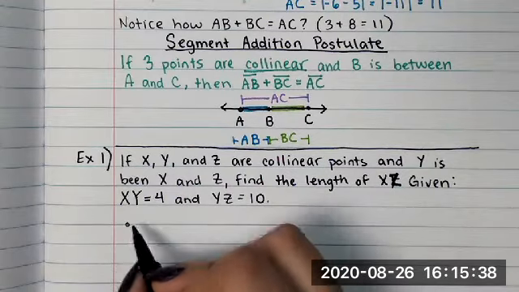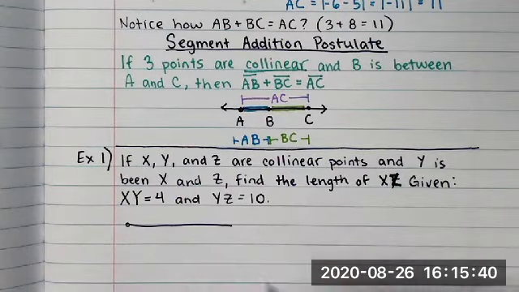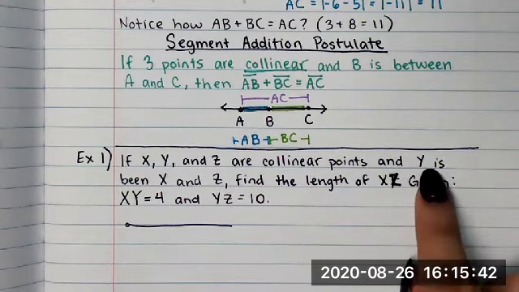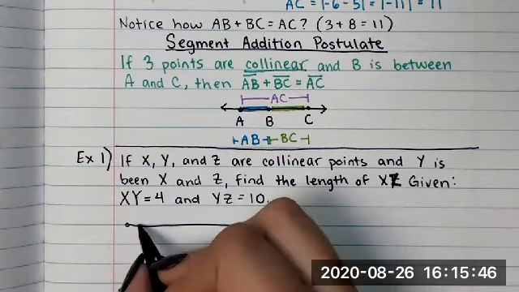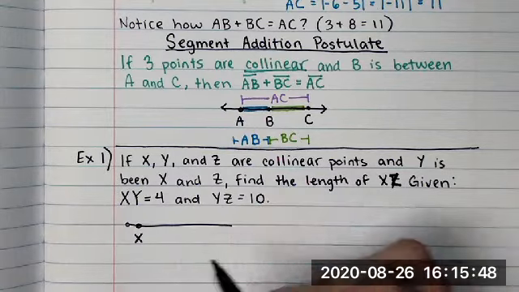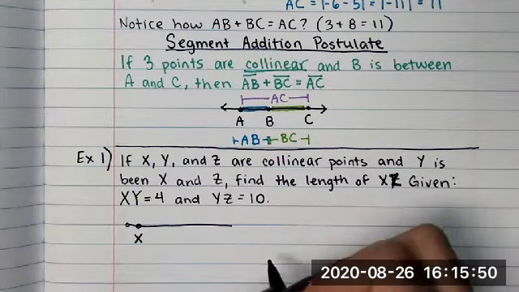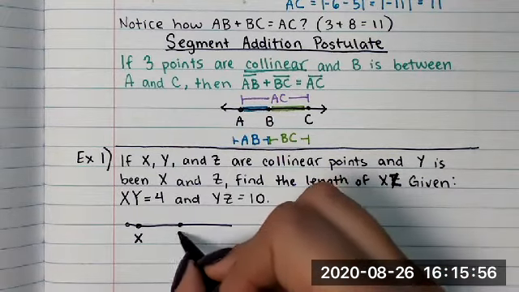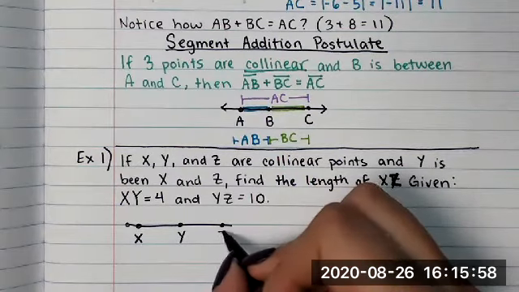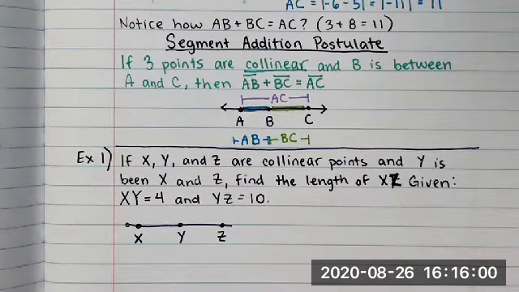So I'm going to start by just drawing a line. And I'm told that Y is between X and Z. So I know all 3 points are on the line and Y is in the middle somewhere. Since I'm just drawing this for my own understanding, I don't have to guess where Y is in the middle. I can just put it somewhere, because these things don't matter if they're drawn to scale. They're just for our own personal understanding.